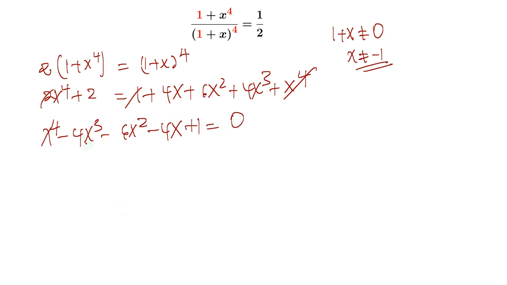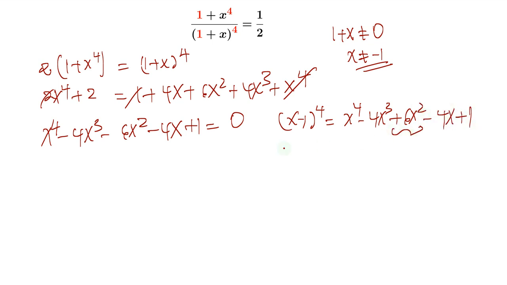Well, if you understand this one, this is very close to (x minus 1) to the power of 4, which is x to the 4 minus 4x to the 3 plus 6x squared minus 4x plus 1. The difference is that this is positive and this is negative, so we're going to add plus 6 here and take minus 6 here, x squared.